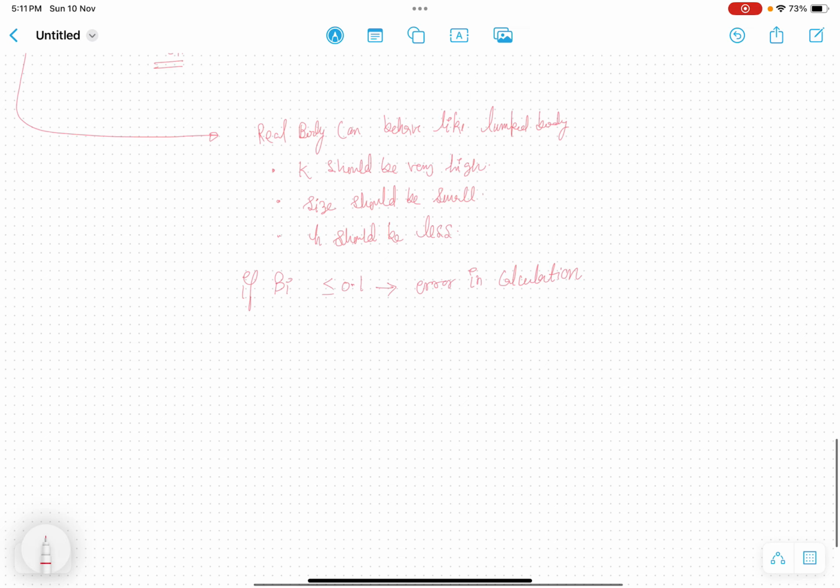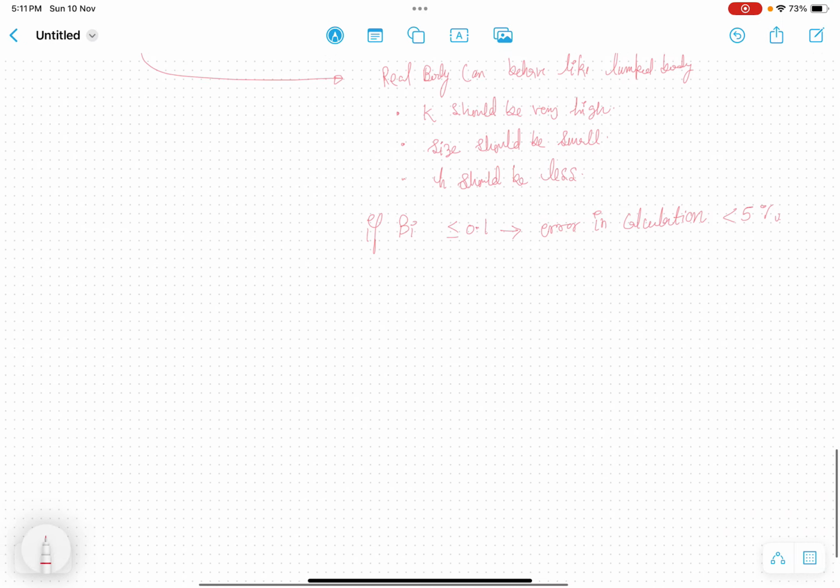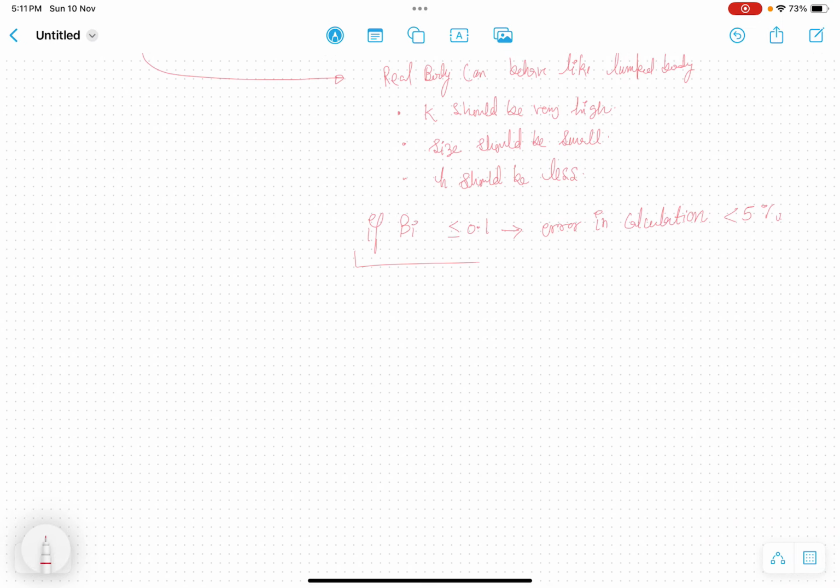Okay, the error in calculation is less than 5%. So if Biot number is less than 0.1, then the body can be said to be lumped. So this is the criterion we should use in calculations. Okay.